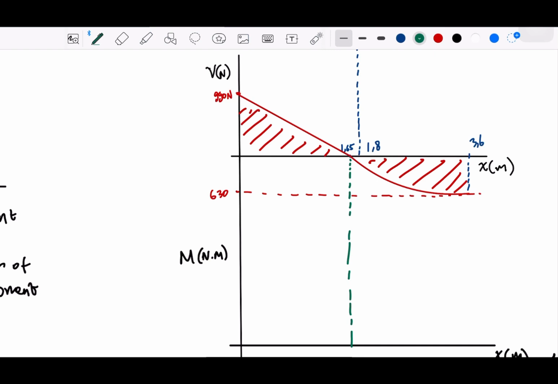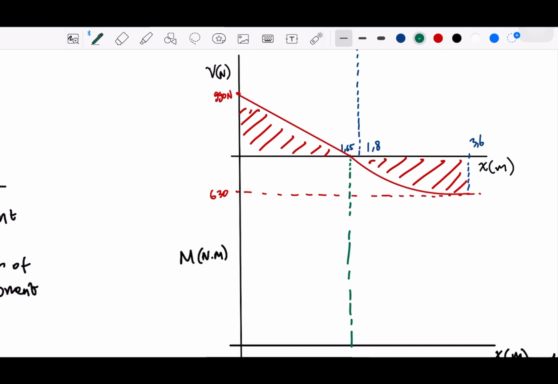So in positive, you get here, and then change the slope and go down. Because it's a perfectly straight linear equation, it's supposed to be a square parabola. But after this part, it's already a parabola, now it's going to be cubic, so it's slightly changed, but still curvy.